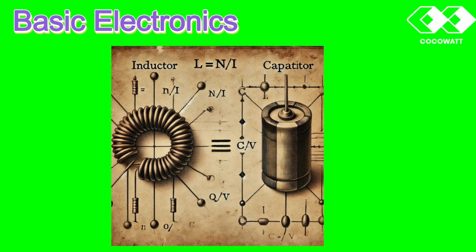Components like capacitors and inductors help manage energy, stabilize power, and filter signals, while resistors control current flow and potentiometers allow for adjustable resistance. A solid understanding of power supply and grounding is essential for proper circuit operation.